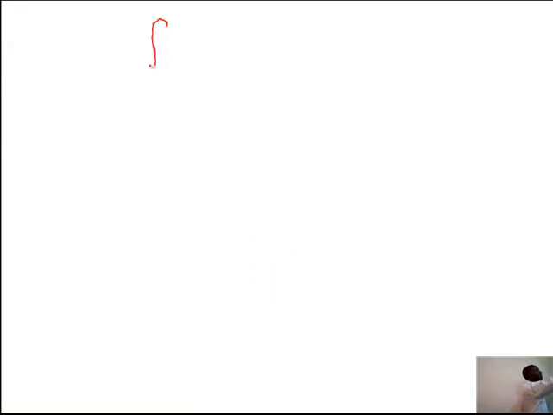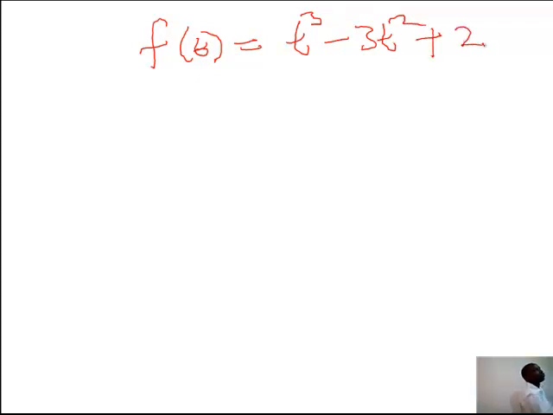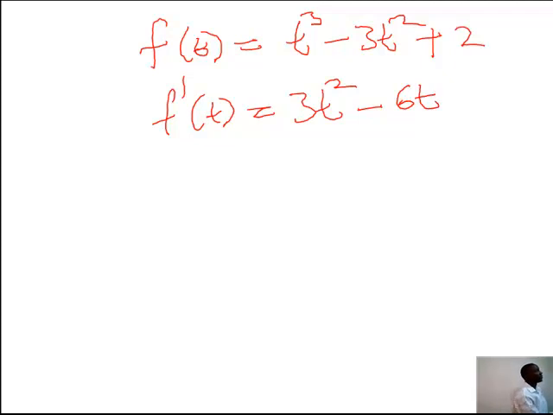You know, the expression given for displacement is t raised to power 3 minus 3t squared plus 2. Now, in order to get our acceleration, when we started this topic, we said acceleration is the second derivative of the displacement. That is, the first derivative of this displacement is going to be 3t squared minus 6t. So the second derivative is going to be 6t minus 6.